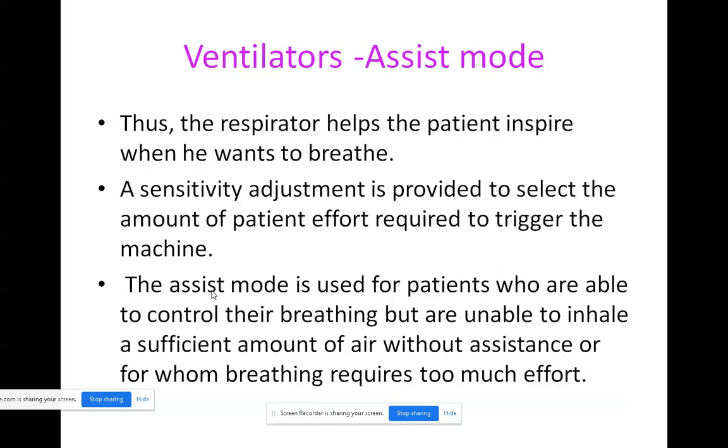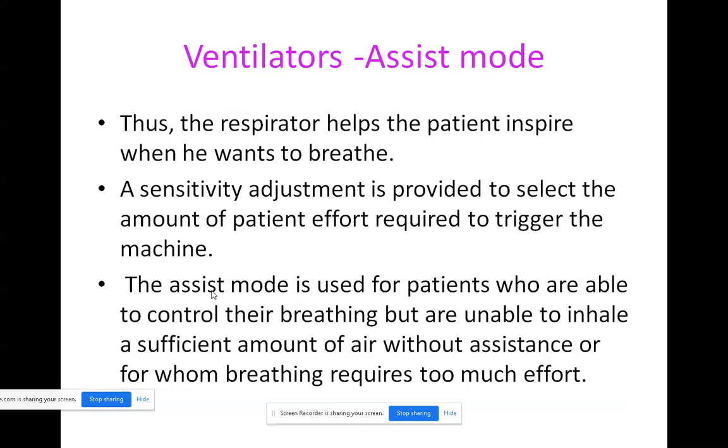So the respirator helps the patient inspire whenever he wants to breathe. Whenever the patient feels difficult to breathe, at that time the patient will trigger the ventilator device. Automatically it will not be triggered; whenever the patient feels difficulty in breathing, at that time the patient himself will use the ventilator device.